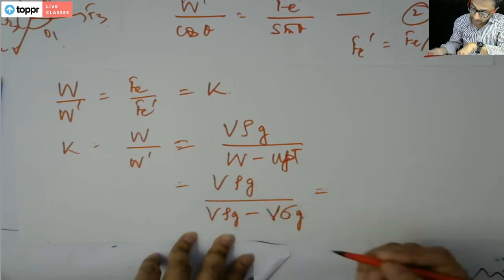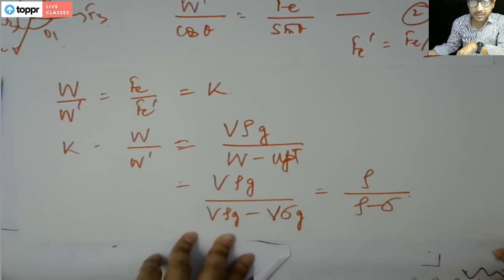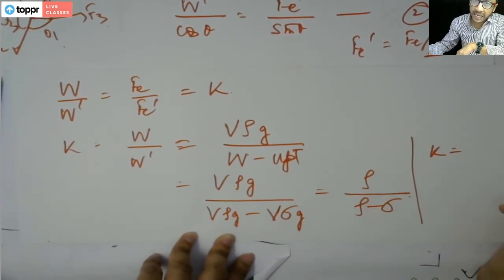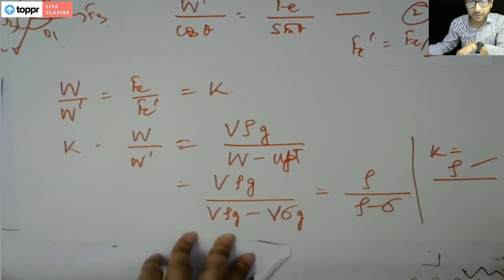Now see, V and g all cancel out. It becomes sigma by sigma minus rho. So finally, the dielectric constant is nothing but the ratio of the density of the solid to the difference of the density of the solid and the liquid.